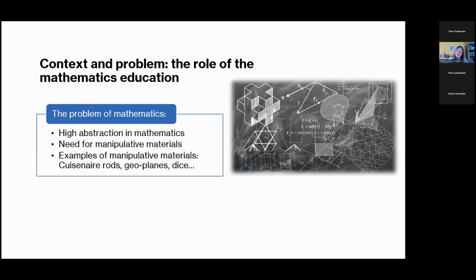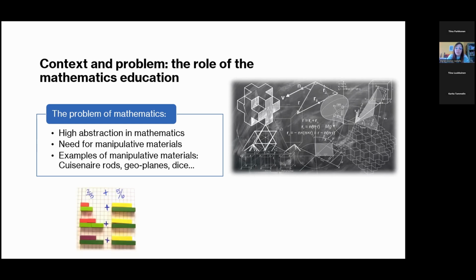Manipulatives are physical tools that improve mathematical understanding, and they allow students to visualize concepts and interact with them. So by using a variety of manipulatives, we address different learning styles and make mathematics more accessible for students. So, for example, we can use this material.